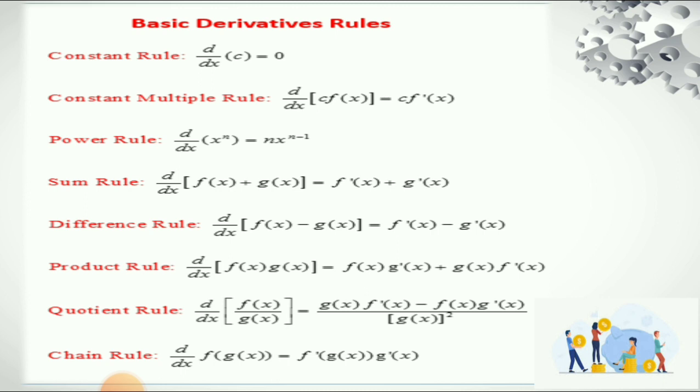So, these are the basic derivative rules. Constant rule: d over dx of c is equal to 0.